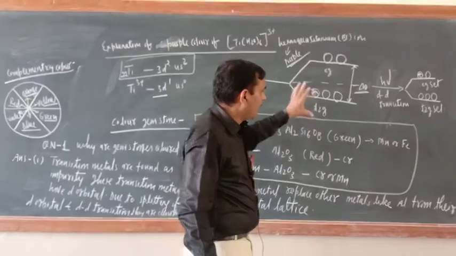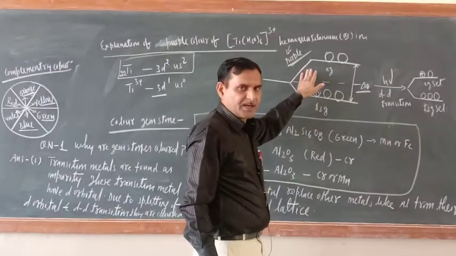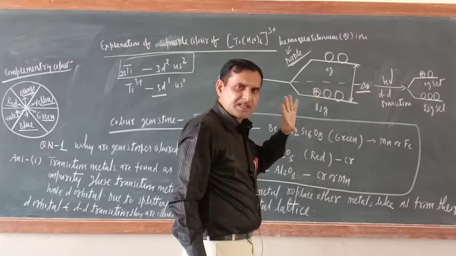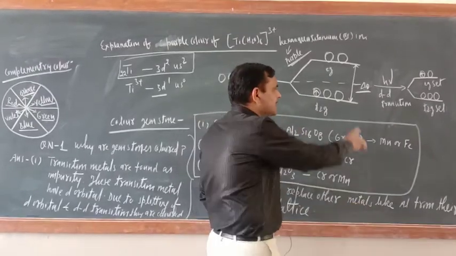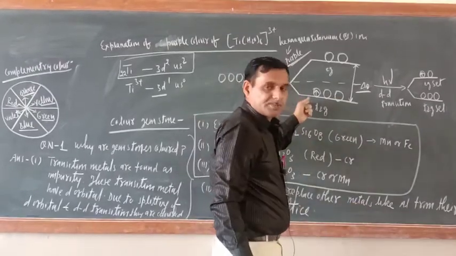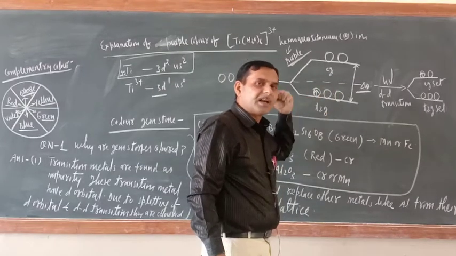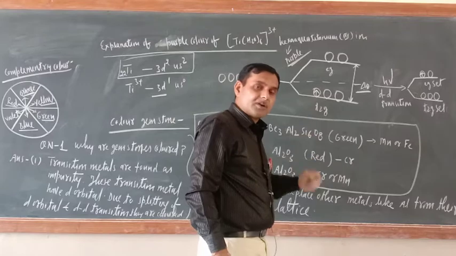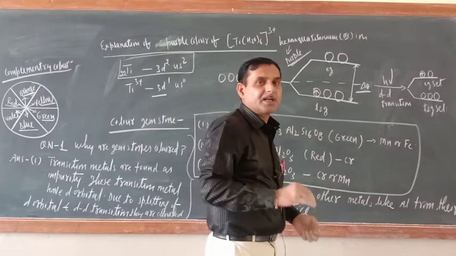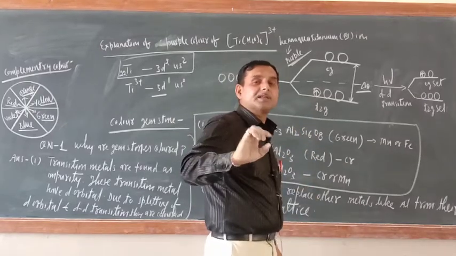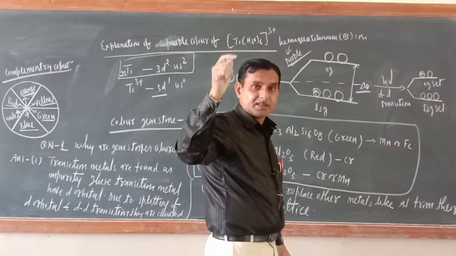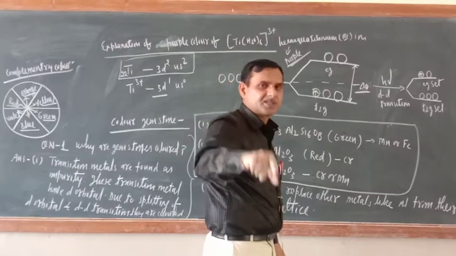So of course the d orbital is split, but the CFSE value is less, so the corresponding excitation energy will also be less. So from the visible region, it will absorb radiation which has more wavelength but less energy.